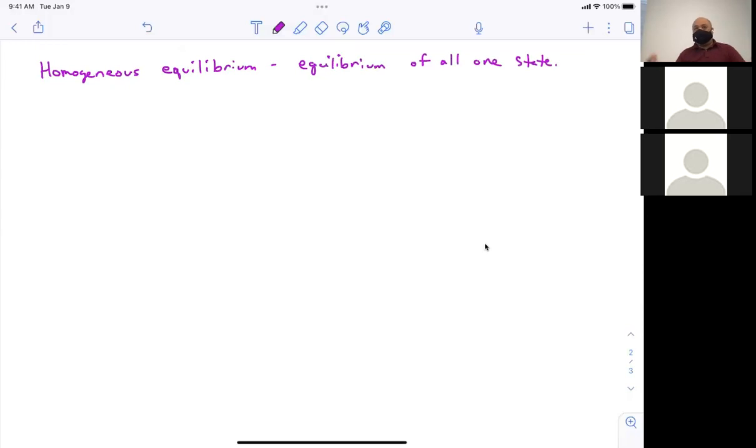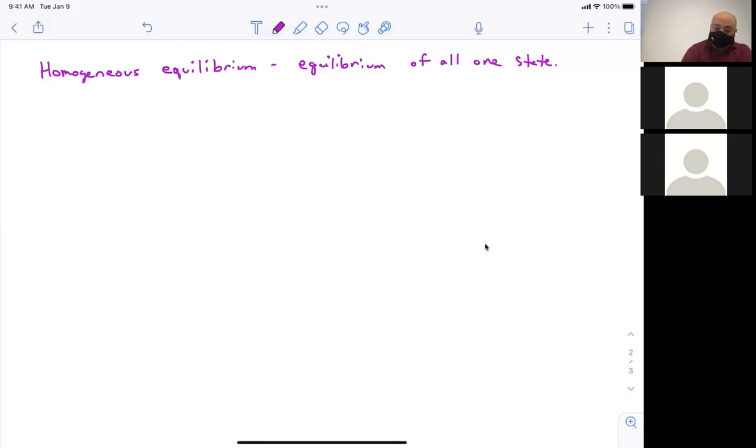Meaning one state of matter. So all gases or all aqueous, and so this simplifies equilibrium for us because we don't have other factors like solids and liquids being removed from the equation and things like that. So the IB is telling you that they're only going to do homogeneous equilibrium. So they're going to be all gases or all aqueous in your problem here.